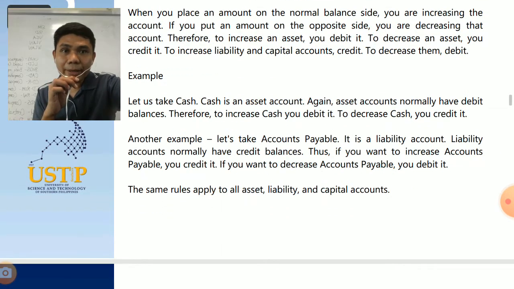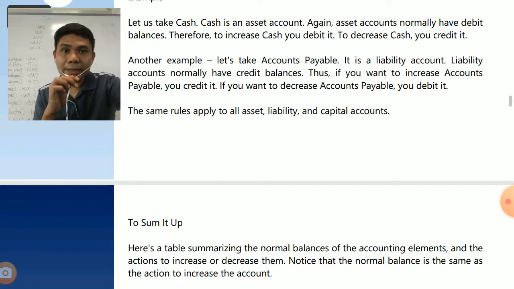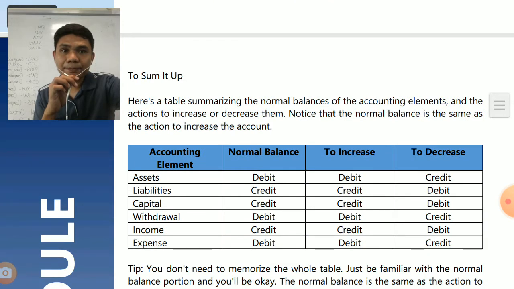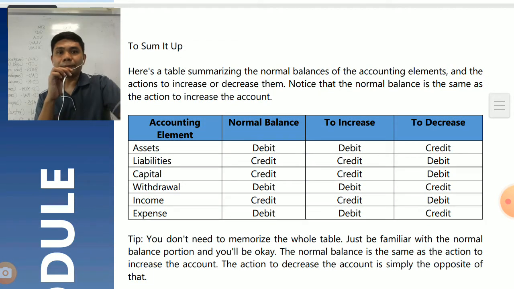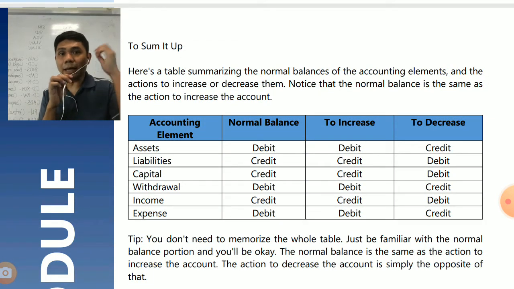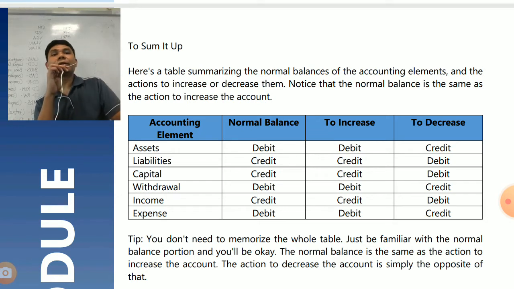Here is our table. If the account is under assets, its normal balance is debit. Examples of asset accounts are cash, cash in bank, cash on hand, accounts receivable, and inventory.